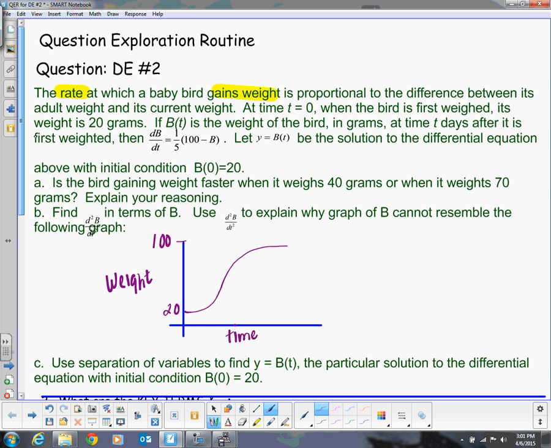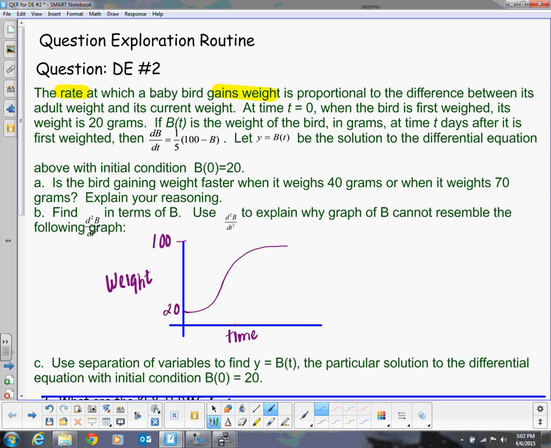The rate at which a baby bird gains weight is proportional to the difference between its adult weight and its current weight. So at time equals 0, when the bird is first weighed, its weight is 20 grams. So B of T is the weight of the bird.